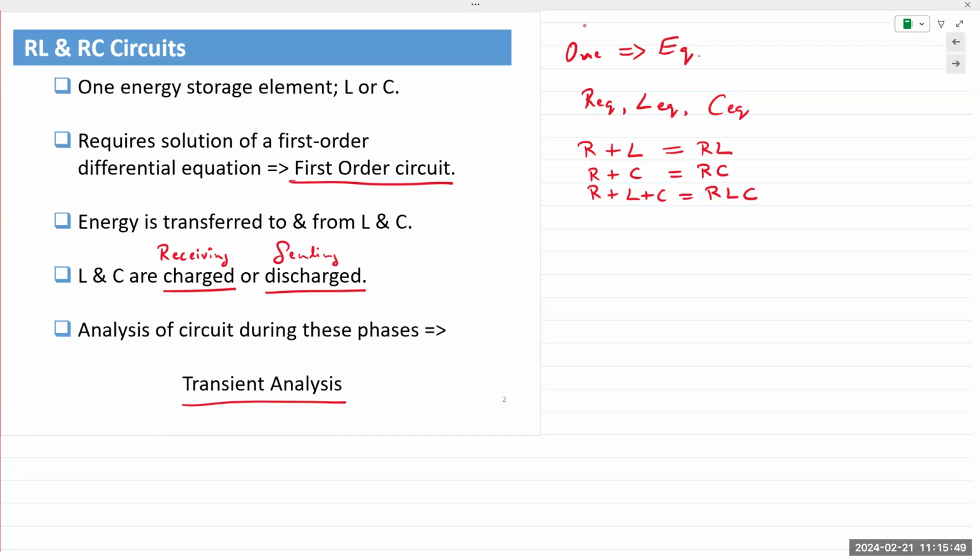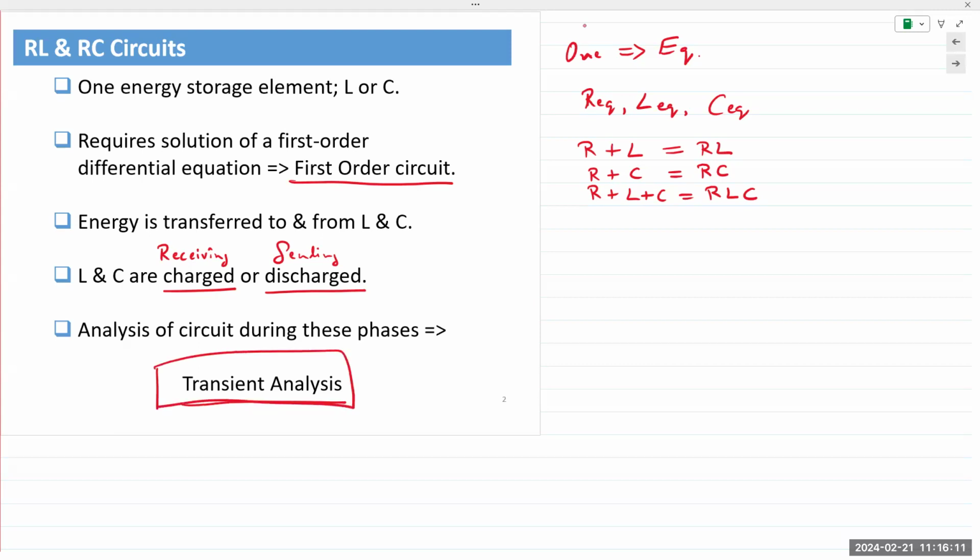But between these steady states, meaning before or after it begins charging and discharging, the value is fleeting, it is momentary. Every point in time has a different value for the voltage and current. It is transient, and hence the analysis is referred to as transient analysis.